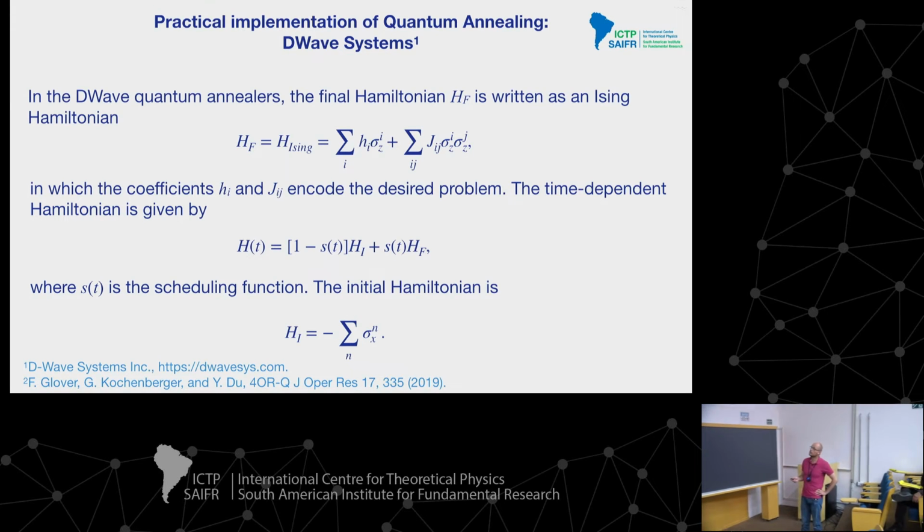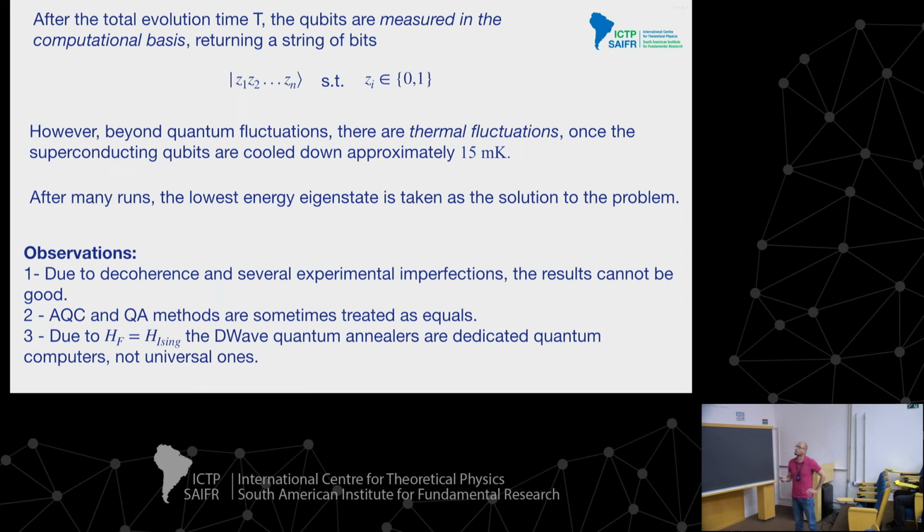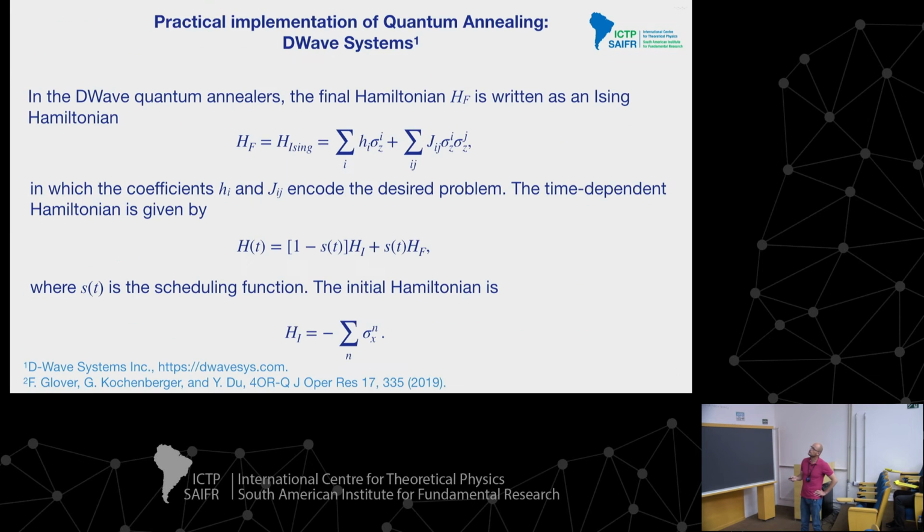In this case, in the D-wave system, the initial Hamiltonian is this one. Observe that it is just the sum of sigma x. So the initial state, it's not written here, but the initial state that is the eigenstate of this Hamiltonian is the tensor product of plus states, right?